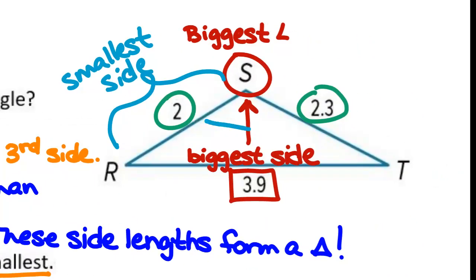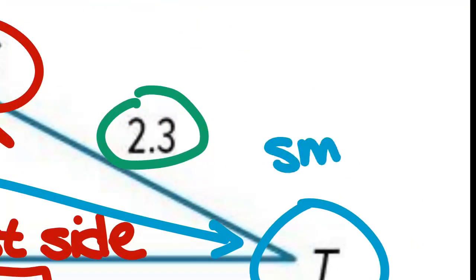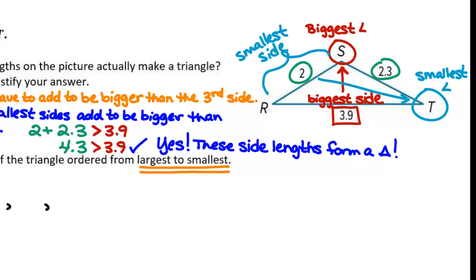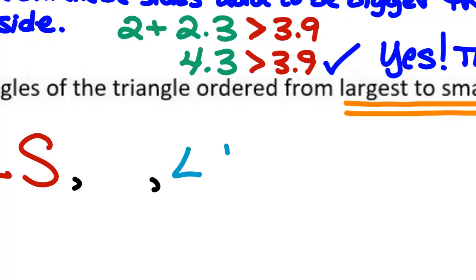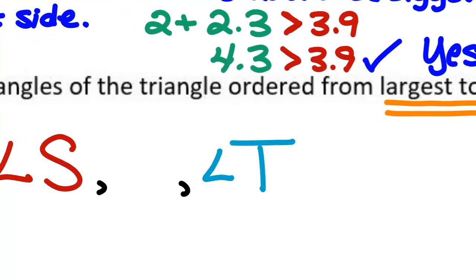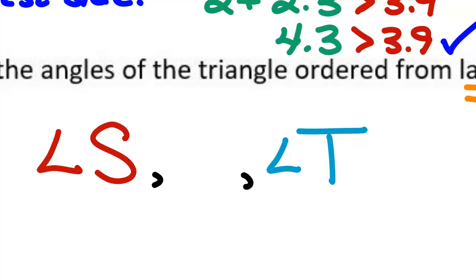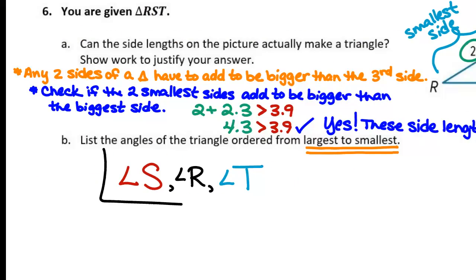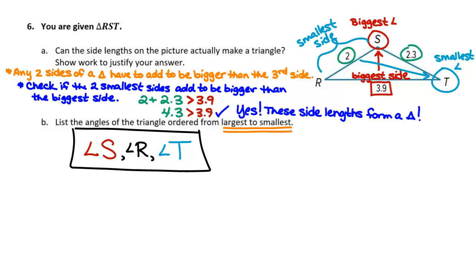Well, if S is the biggest and T is the smallest, which one goes in the middle? Angle R. So there's my angles in order from largest to smallest.